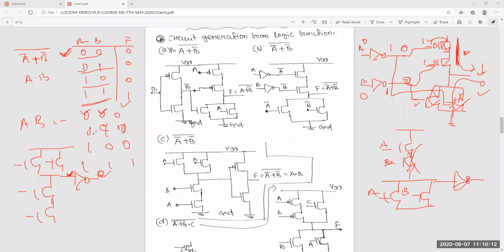So in any case, 0 0, 0 1 or 1 0, any one will be on. That means you will get VDD, and VDD means it's 0. But if both are 1, then this will be completely off and this will be on. So you will get 0 here. Verified? Yes, sir. Okay.